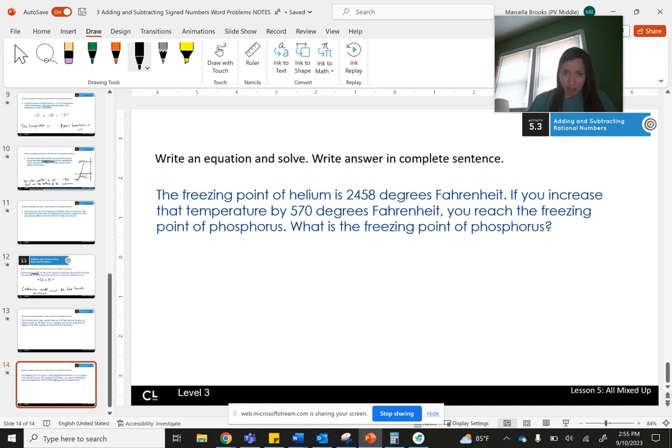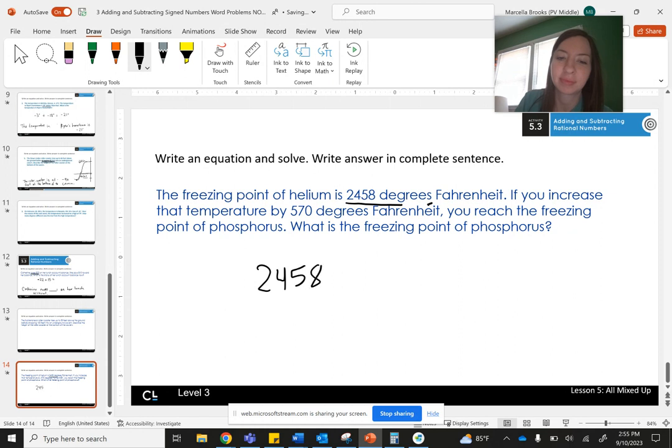All right, this is our last one. The freezing point of helium is 2,458 degrees Fahrenheit. Whoa. If you increase that temperature by 570 degrees Fahrenheit, you reach the freezing point of phosphorus. What is the freezing point of phosphorus? So we start at this, and if we add what, we get the freezing point of phosphorus.